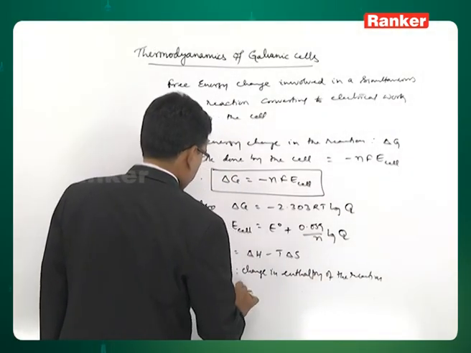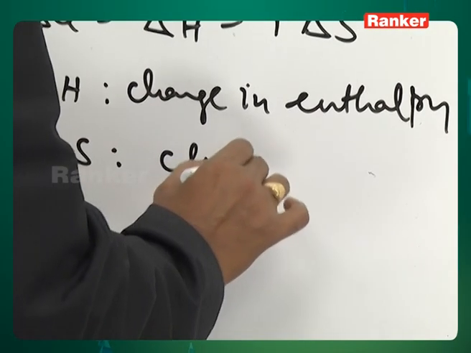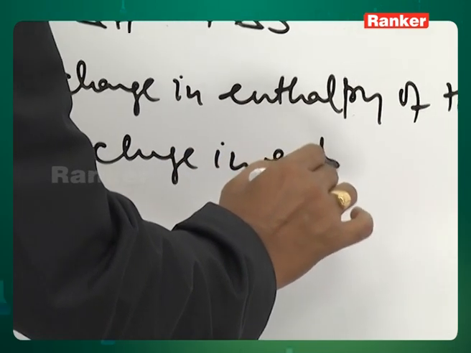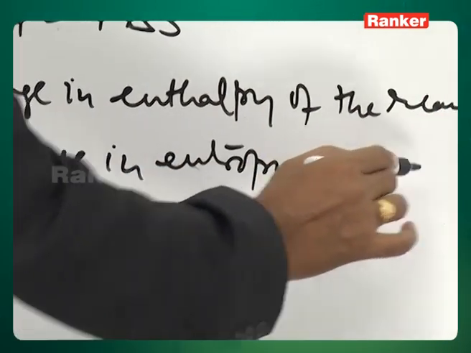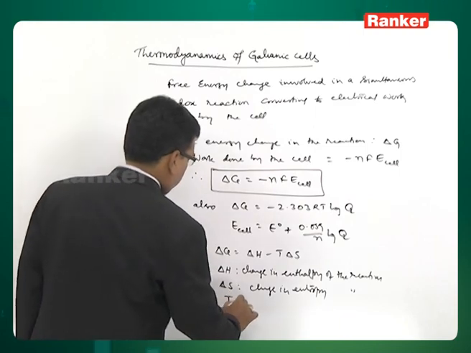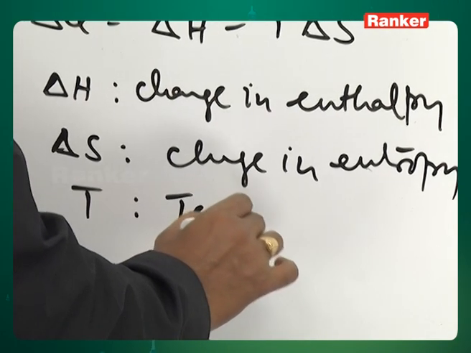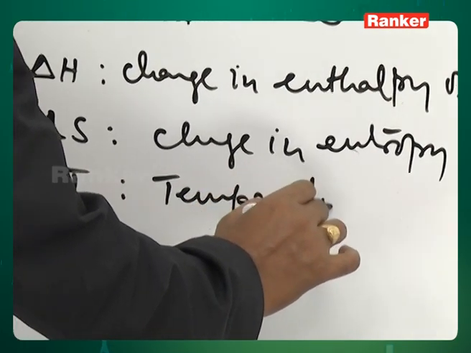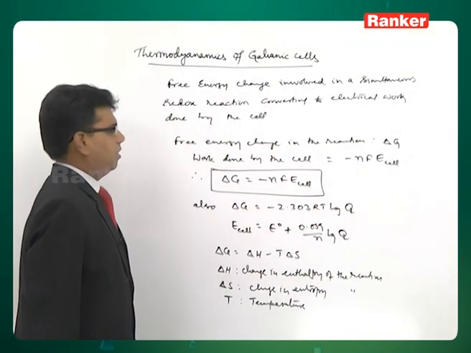Delta S is change in entropy of the reaction. T is the temperature at which the reaction is carried out. These are the various relations.